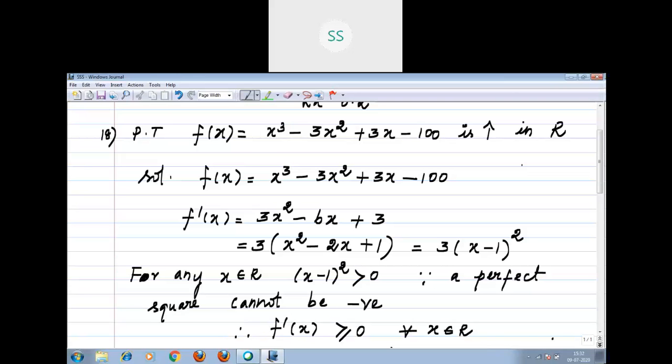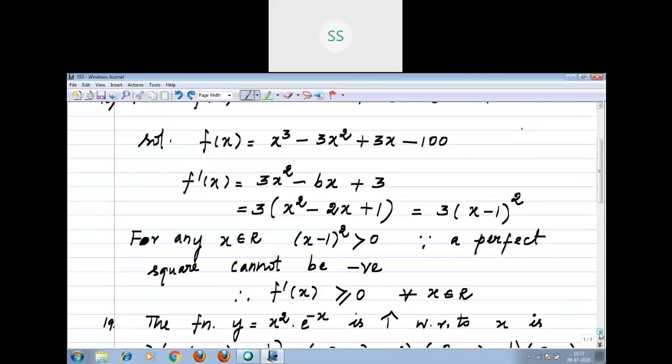Therefore, the function is increasing on capital R. Again I will repeat, listen children: f of x is given, you have to find the derivative. The derivative can be written in the form 3 into x minus 1 the whole square.